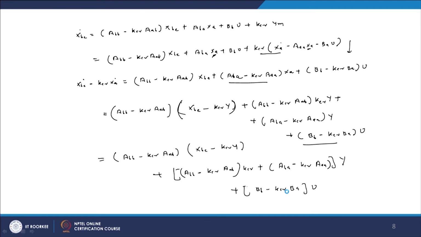So, in order to simplify, this XB minus KER Y we write in terms of a new variable, that is XB minus K into Y, we can write it as XB minus K into XA, let us say it is T. In our equation we have XBE minus KER into Y equal to XBE minus KER into XA equal to TE, and therefore XB dot minus KER into Y dot equal to T dot.